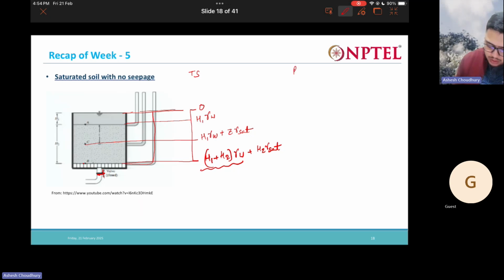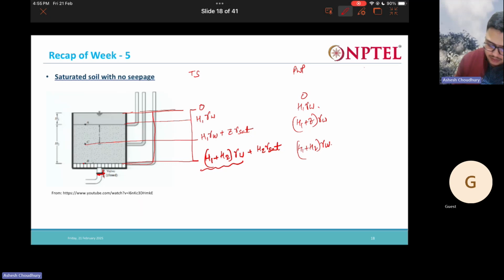Now the pore water pressure, the top you have 0. Then we have h1 gamma w. Then we have h1 plus z gamma w. Then at this point we have h1 plus h2 gamma w.